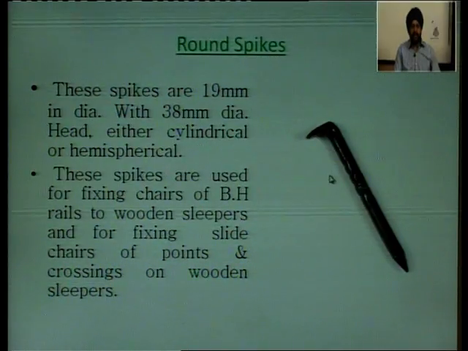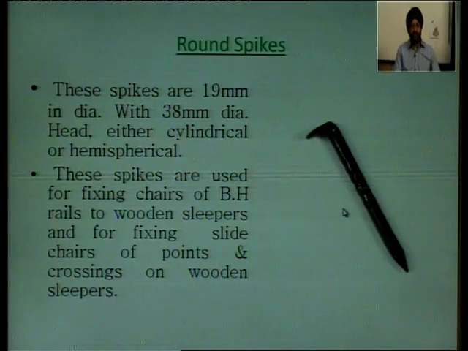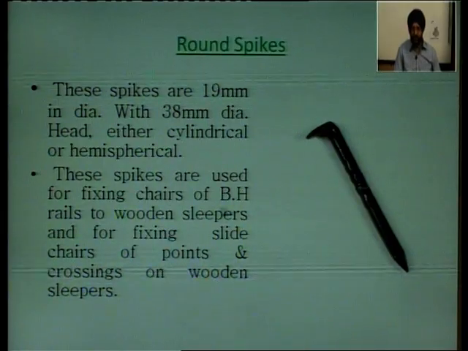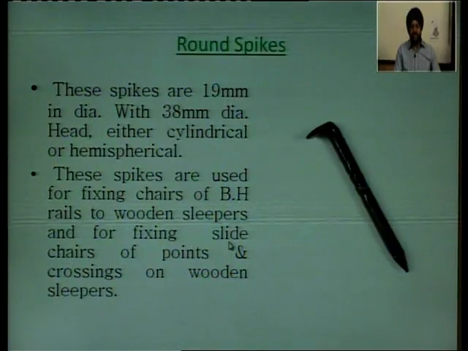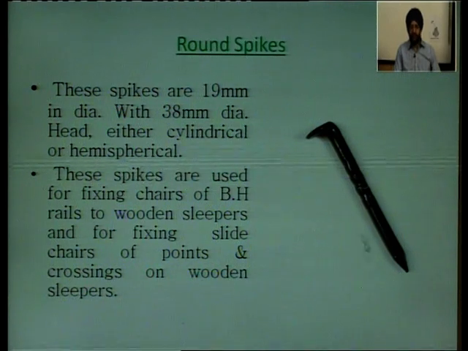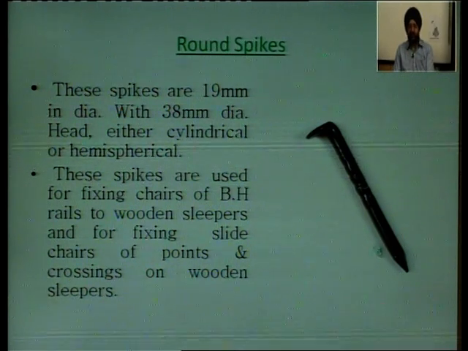These spikes are used for fixing chairs of bull-headed rails to the wooden sleepers, not for the flat-footed ones, and for fixing slide chairs of points and crossings on wooden sleepers. So this is regarding the round spikes.